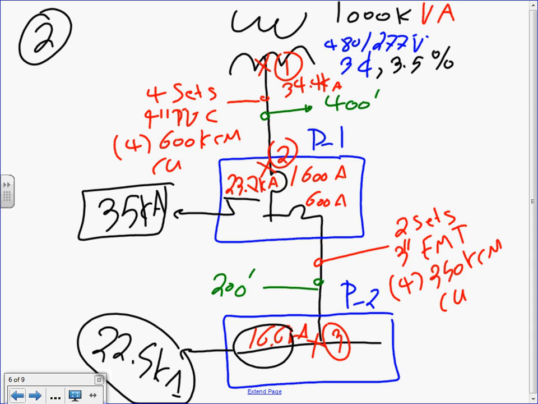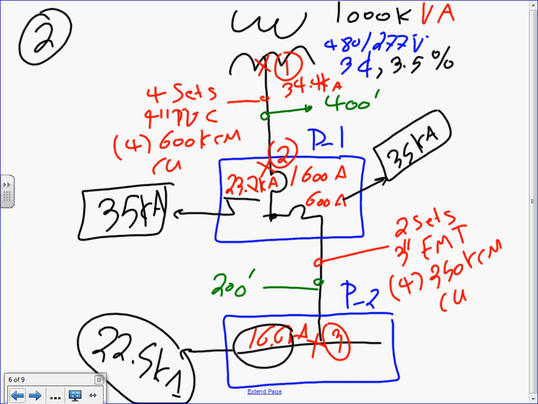But the circuit breaker here, because the short circuit here is that value, is going to be 35 kilo amp. The circuit breaker inside the panel will be 35. Everybody knows why the circuit breaker will be 35, but the panel itself is rated for 22.5K, because in this scenario my panel is way far away from the circuit breaker.